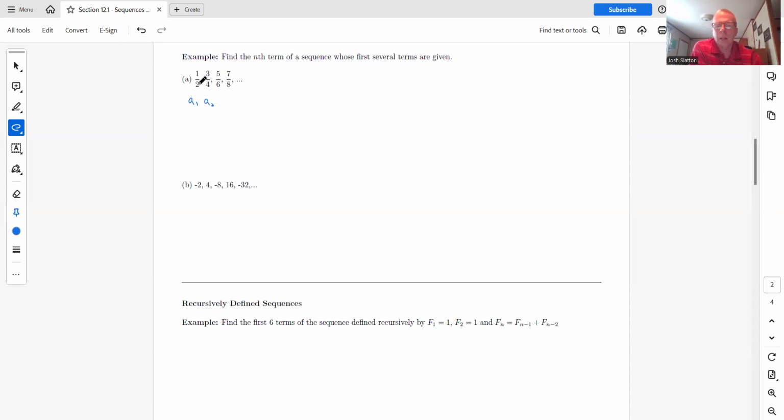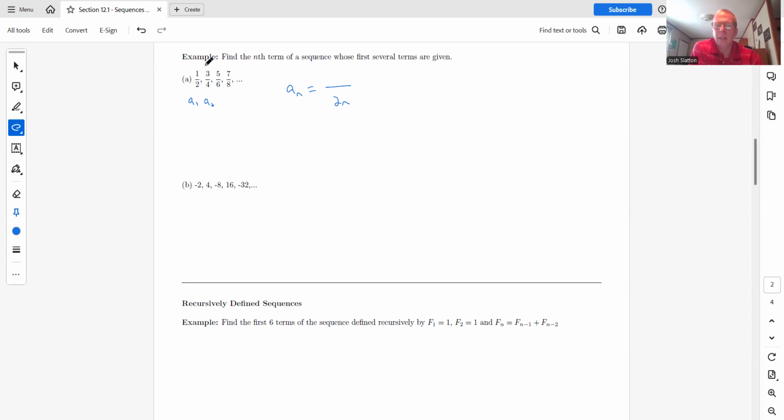So one thing I noticed, the subscript is half of the denominator each time. So the a sub 1 is 2, a sub 2 is 4, a sub 3 is 6, and so on. So I would suggest that the denominator of a sub n would be 2 times n.